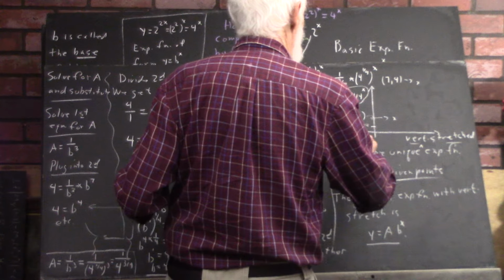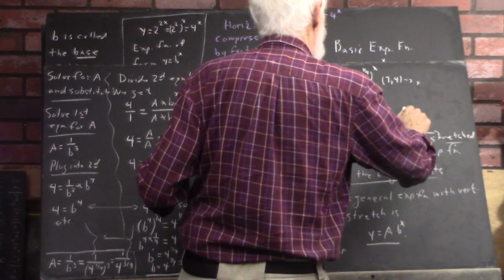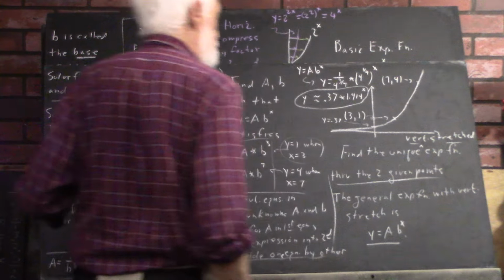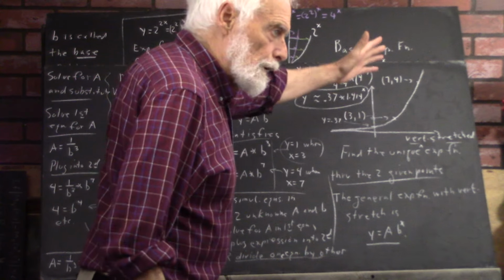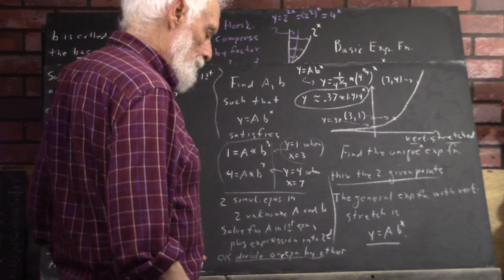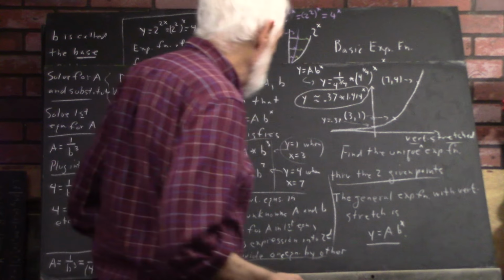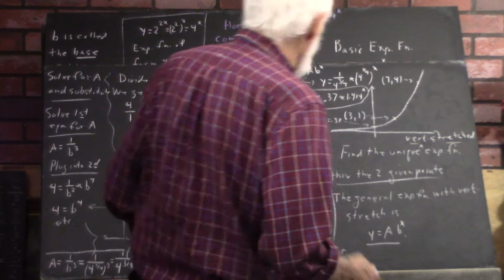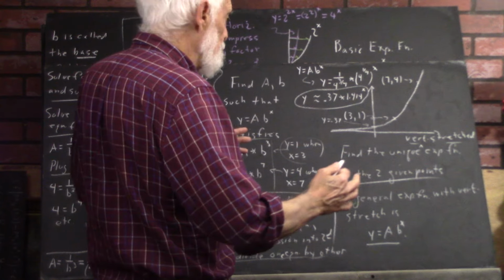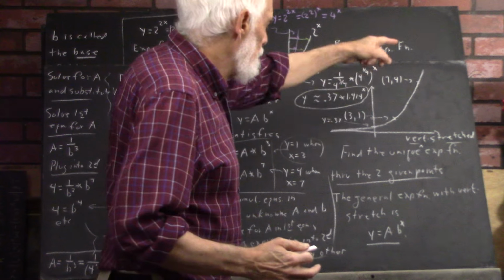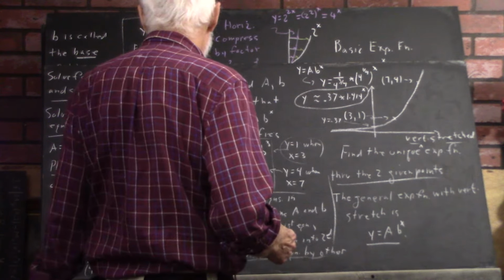And now we can draw an exponential function type curve. Looks a whole lot like the 2 to the x curve. No, I'm not going to say it's identical, but it's a compressed or expanded version of the 2 to the x curve. And there it is.